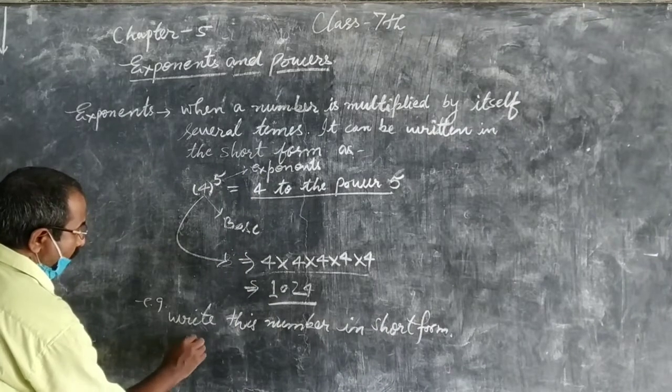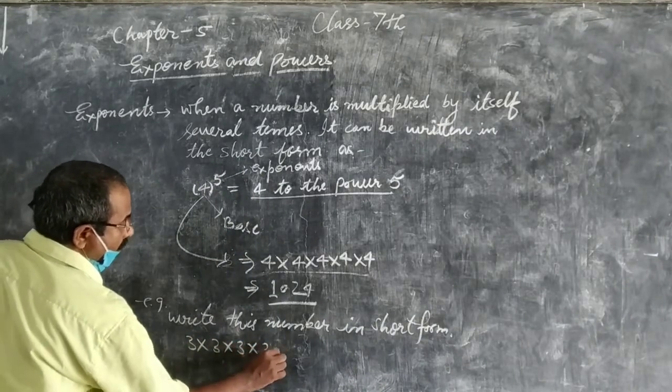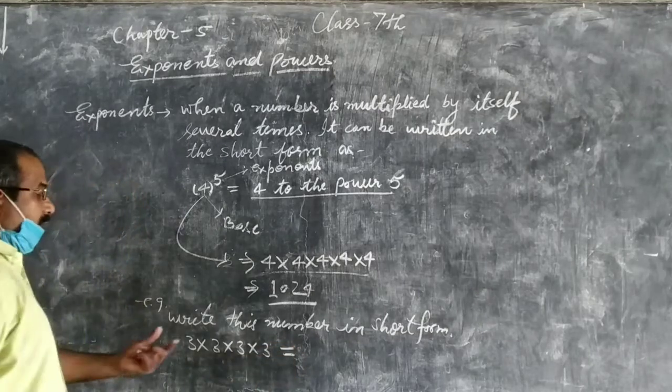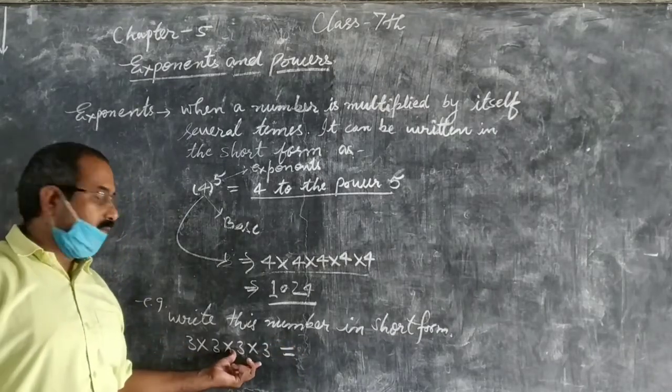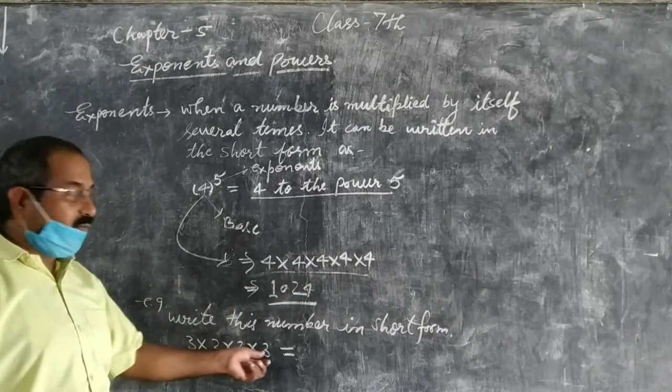For example, 3 into 3 into 3 into 3. So how will you write it in short form? This is the long form. When you have to find out the value, then you will write in this form.